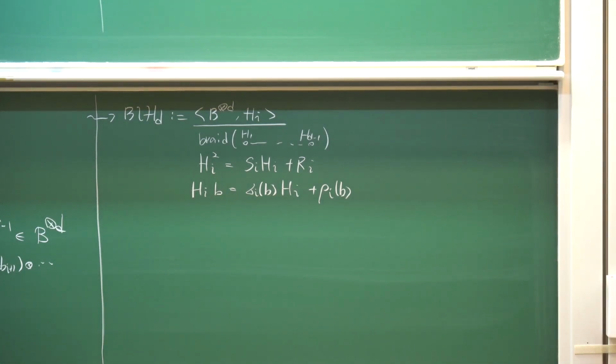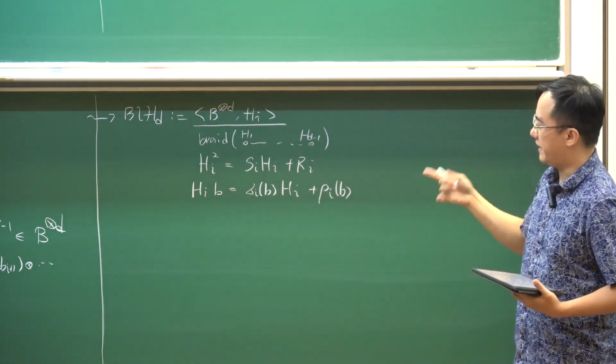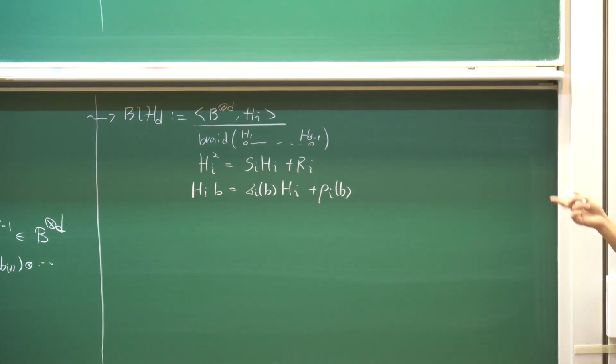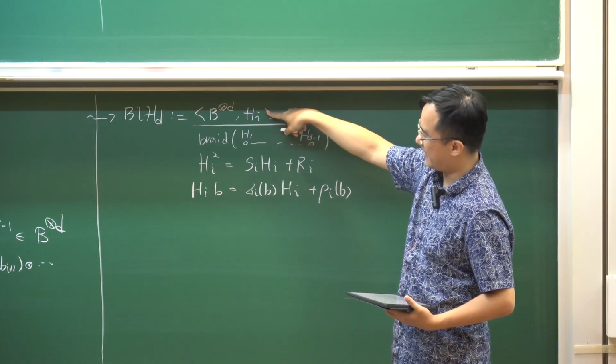Okay, so there's one crucial difference between this and some algebras you've seen before. In those algebras, when you look at the quadratic relations, you can talk about a subalgebra generated by such Hecke-like generators. But this is not the case here. In general, if you take the algebra generated by this, I think you will likely get the entire thing.